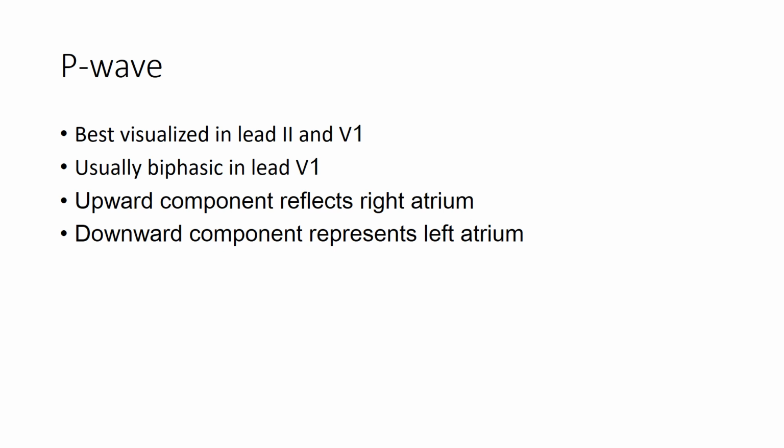So normally in lead V1, P wave is usually biphasic. And the upward component, as I have already described the mechanism of generation of P wave, reflects the right atrium, and the downward component represents left atrium.